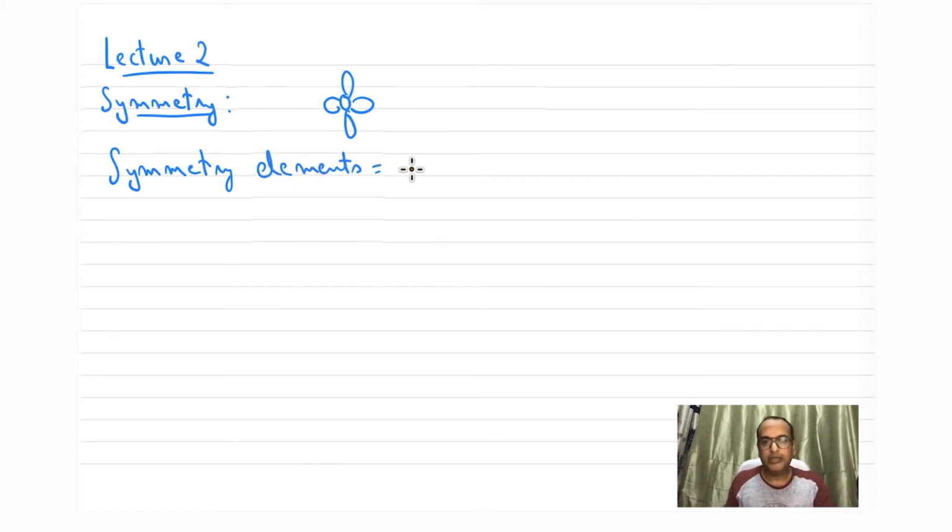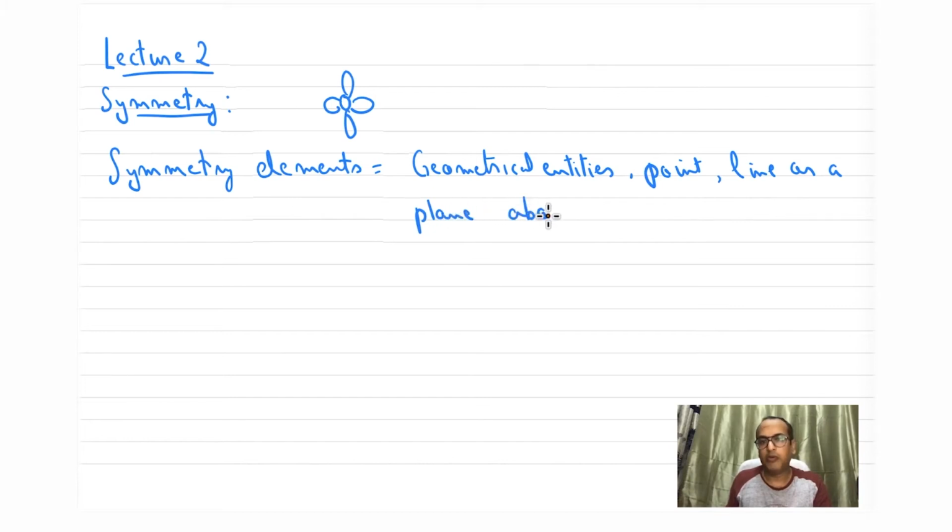So symmetry elements are geometrical entities like a point, line, or a plane about which a symmetry operation can be carried out.